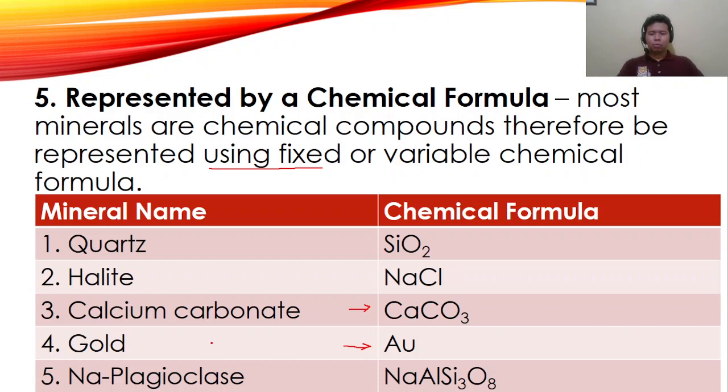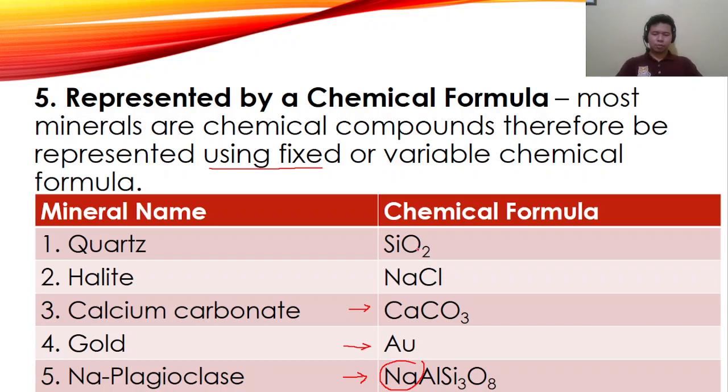And we also have Na plagioclase. So there are different variations of these minerals. This portion here could be changed and it will become a different mineral. Just a slight modification of the chemical formula will produce another type of mineral.